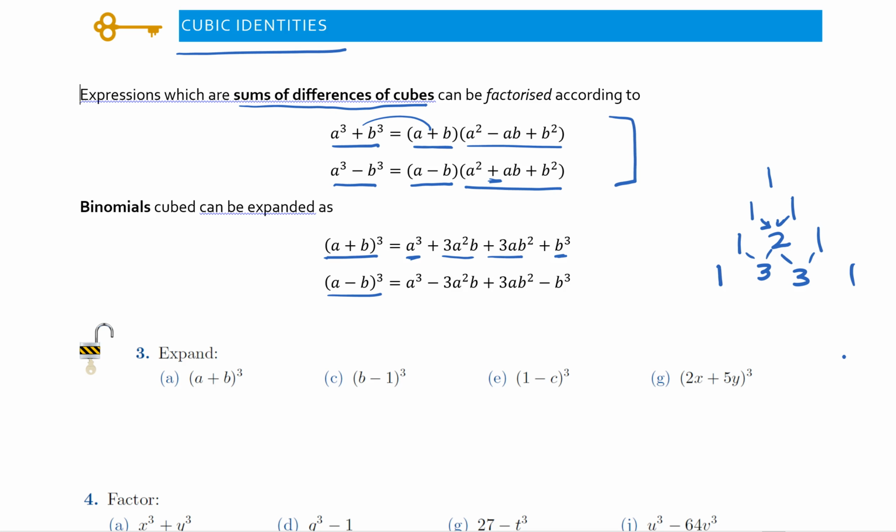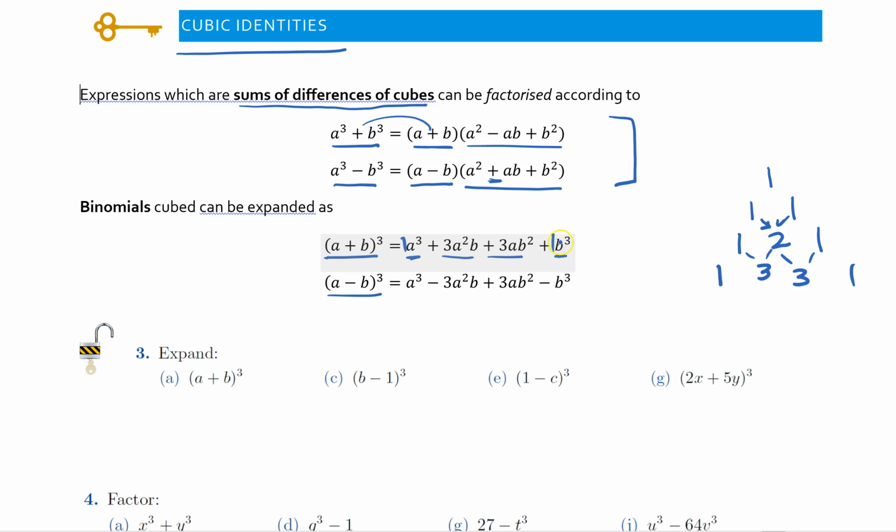But if you look at the expansion of the cube, first thing is to get those coefficients right. So we've got our 1, 3, 3, 1. And then what happens with the powers? So a is cubed, squared, single power, and then if you like, it's a 0 power because it disappears down here, or it becomes a 1.